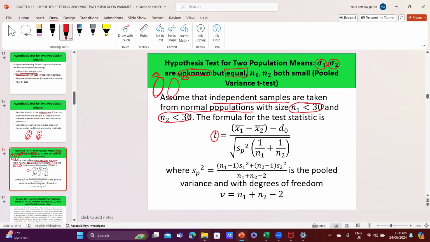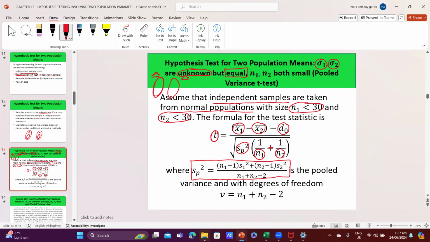Now, the formula for the test statistic for this case number 2 is t is equal to the sample mean of the first group minus the sample mean of the second group minus the hypothesized difference d sub 0, divided by the square root of the pooled variance sp squared multiplied by the quantity of 1 over the sample size of the first group plus 1 over the sample size of the second sample group. Now, the pooled variance can be computed using the following formula.